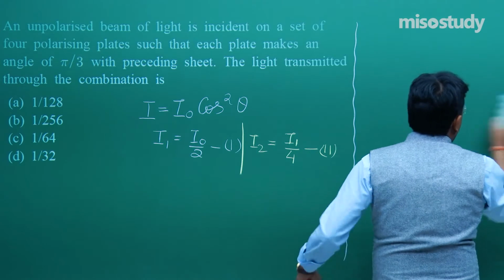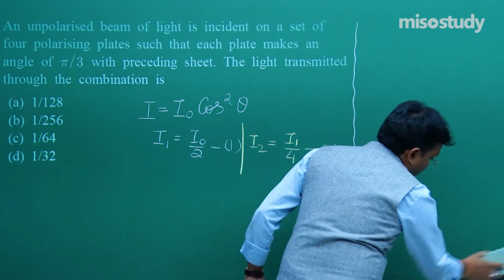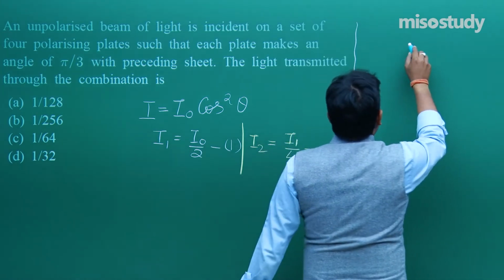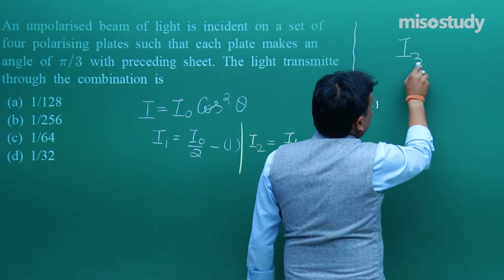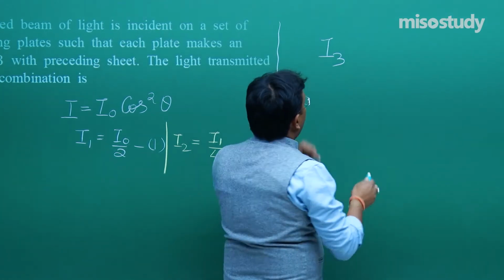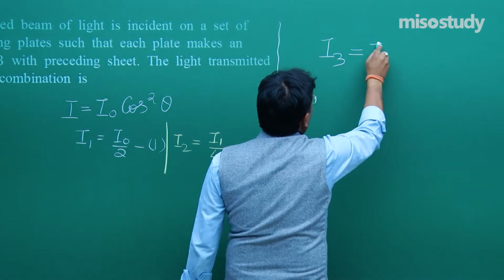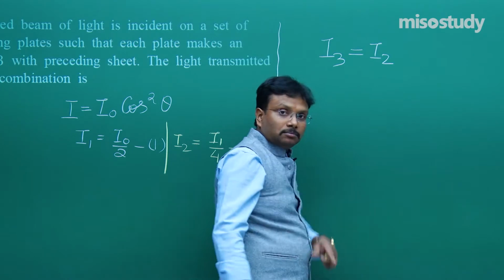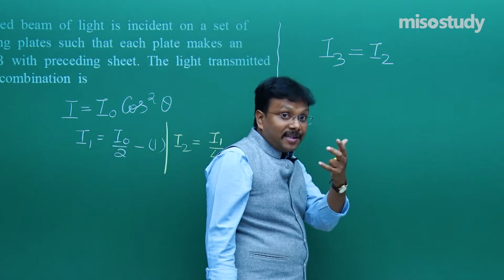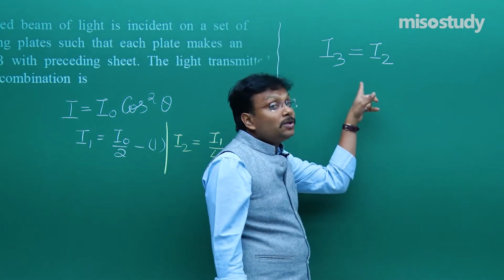Then go for the third plate, that is I3. I3 means first plate, second plate, third plate. So I3 is equal to I2 because the waves coming out from this second plate ultimately reach this third plate.